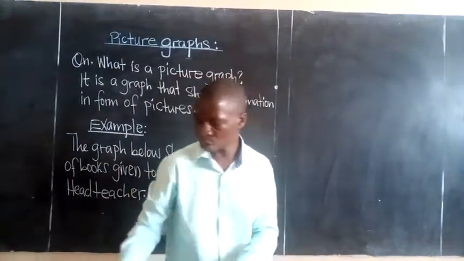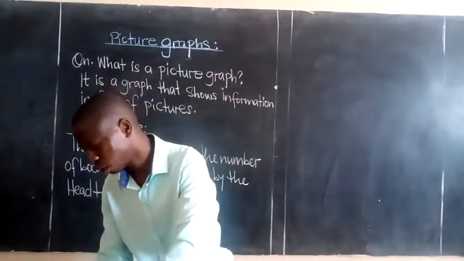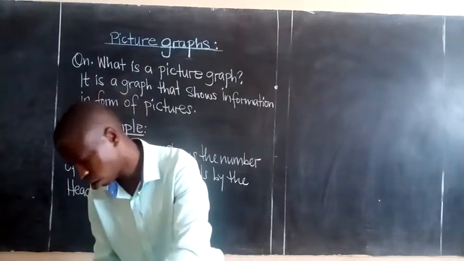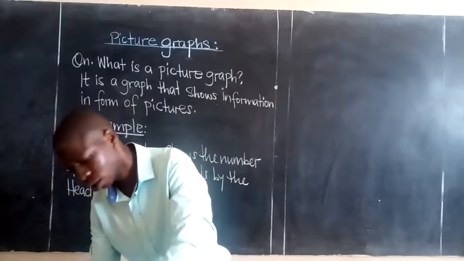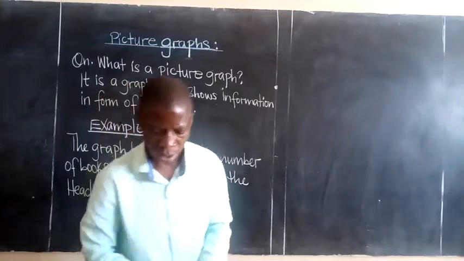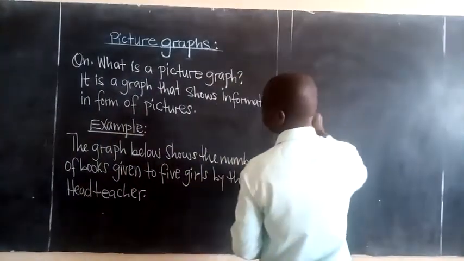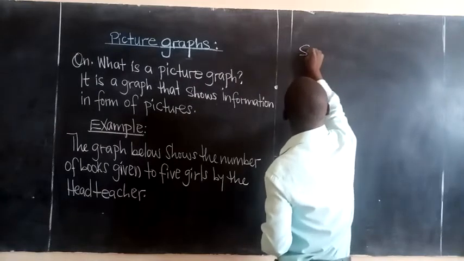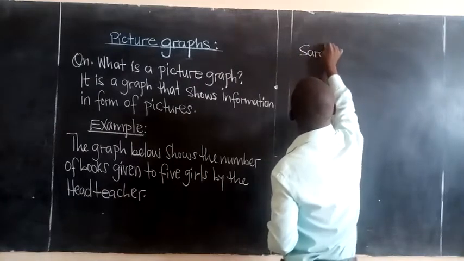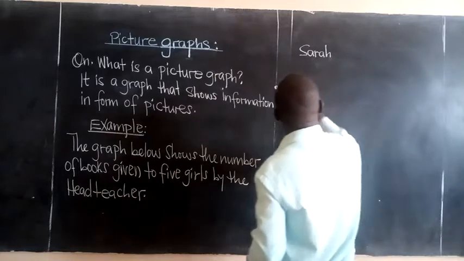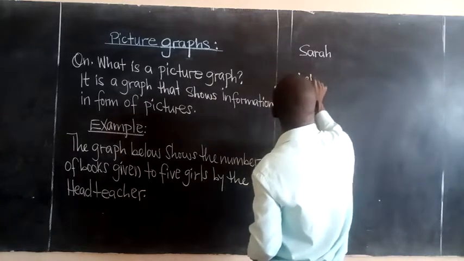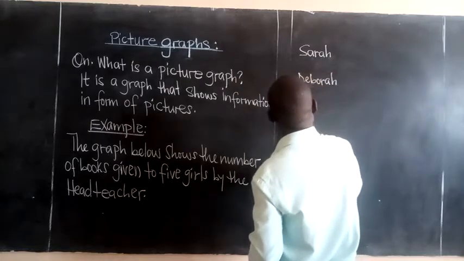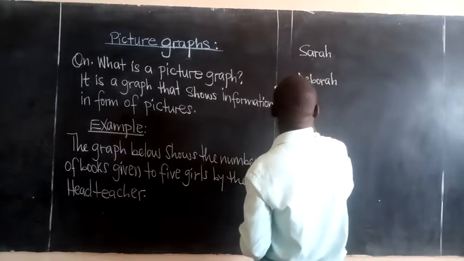So this is our graph. We have Sarah. We have Deborah. We have Annette.